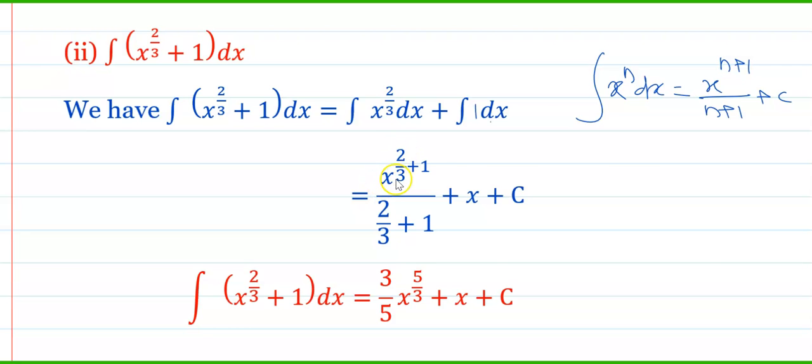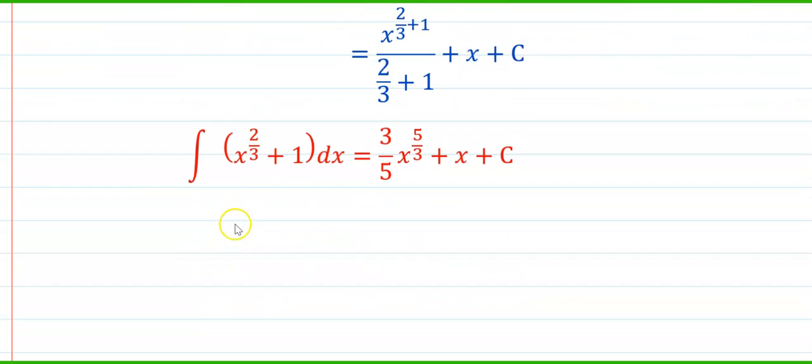2 by 3 plus 1 is 5 by 3, that is x raised to 5 by 3 upon 5 by 3, and multiplying by the reciprocal, it becomes 3 by 5 into x raised to 5 by 3 plus x plus c.